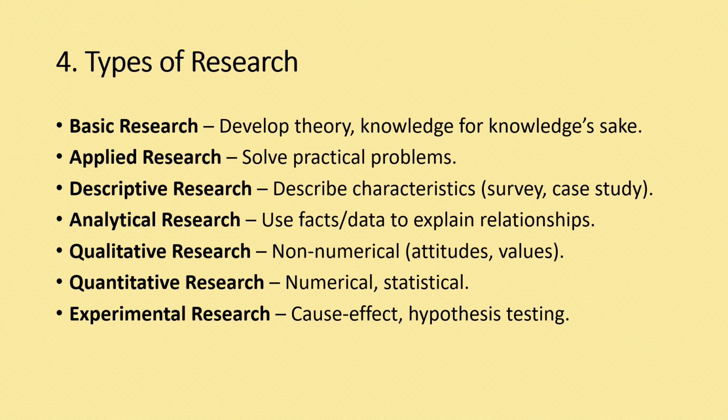Types of research. There are basically seven types of research. Basic research, which develops theory, knowledge for knowledge's sake. Fundamental research is called a basic research. Applied research, solves practical problems faced by business or country.